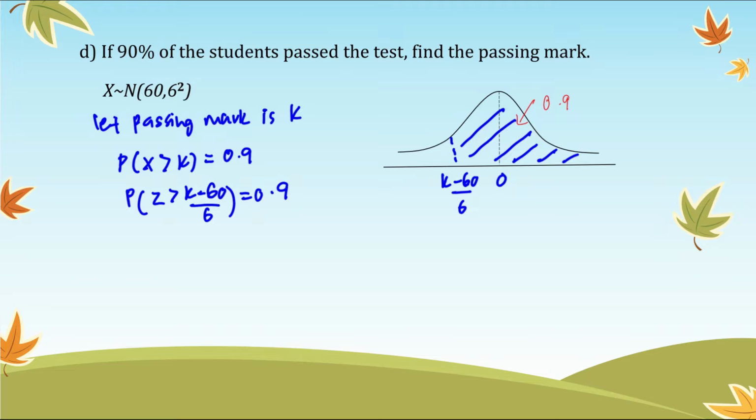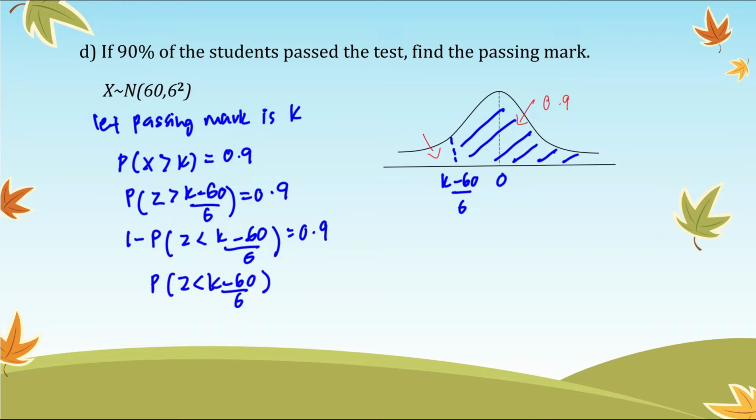To find the value, we have to find this value. How can we get the value? By using 1 minus P(Z < (K minus 60) over 6) equals 0.9. We can simplify, so P(Z < (K minus 60) over 6) equals 0.1. So this area is equal to 0.1.